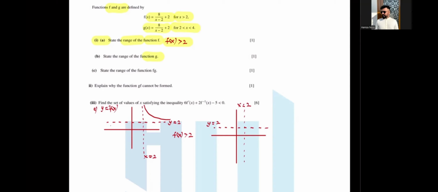So we need to observe what the corresponding output is when we keep x equal to 4 as the input. 8 divided by 4 minus 2, and then plus 2, which means 8 over 2 plus 2, which means 4 plus 2 is 6. So the output over here is 6.